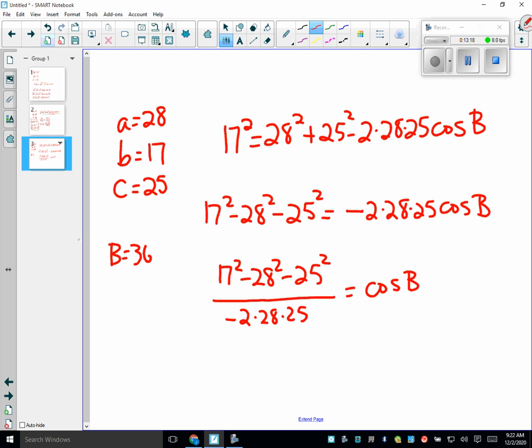Degrees. What am I going to find now? C. And you're welcome to use law of cosines again. But do you think law of sines is easier? A lot easier. Right?